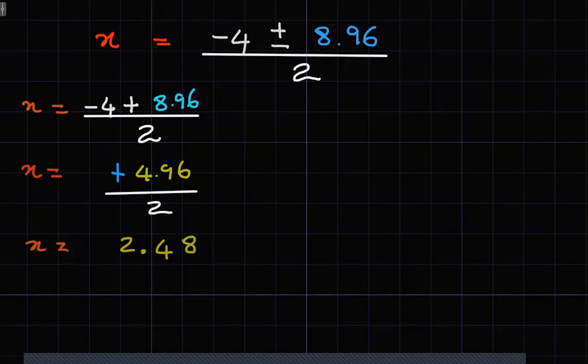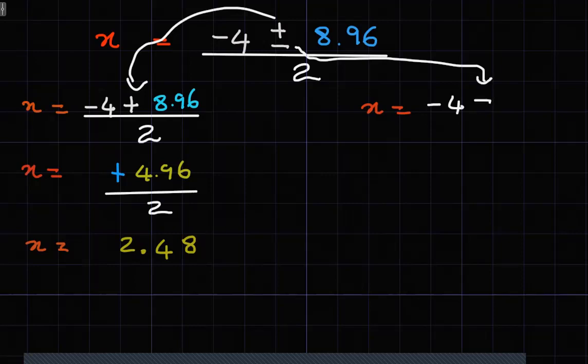We can get another answer for x. How is that? X equals minus 4. We took the plus, now we've got to take the minus. So minus 4 minus 8.96 divided by 2. That gives us x equals minus 4 and minus 8.96. Are they friends or enemies? If you put 4 negatives and 8.96 negatives, are they going to fight?